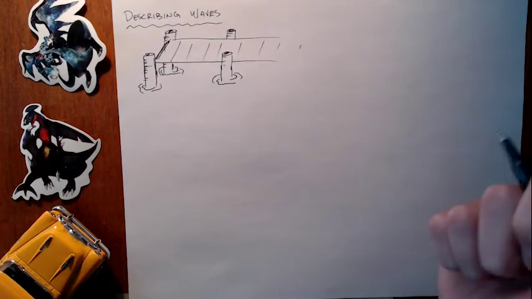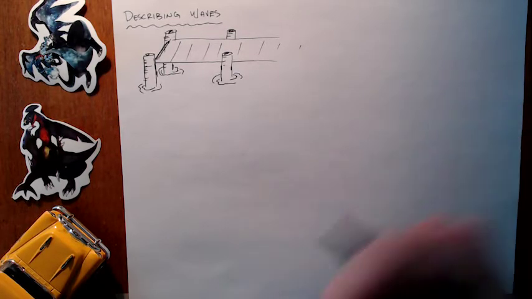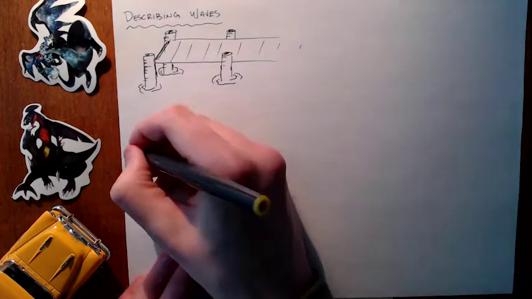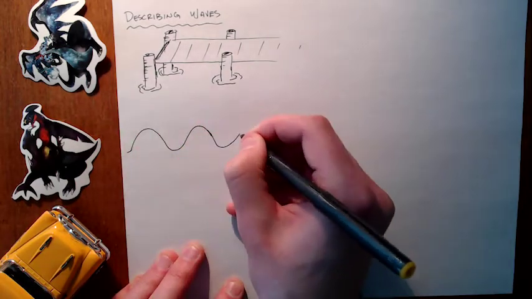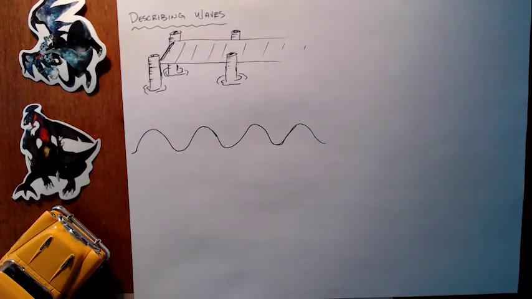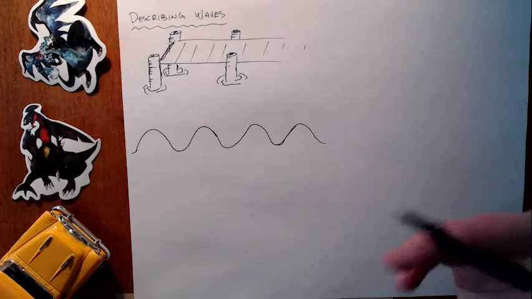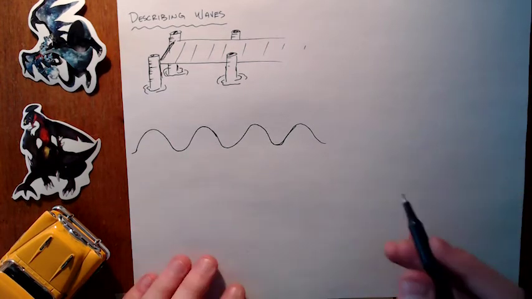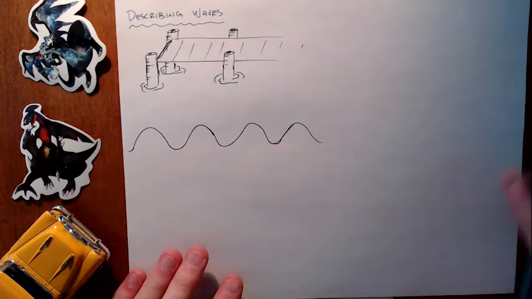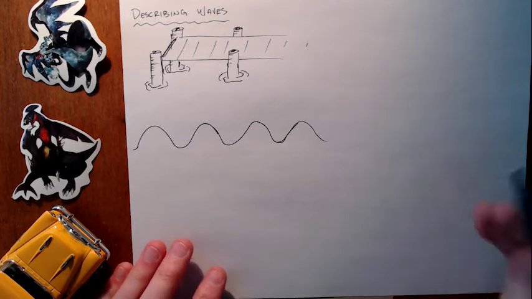Okay, so I'm going to go ahead and draw a cross-section of a water wave. I'm also, for reference, going to draw a dotted line through the exact center where the water would be resting, let's say if it wasn't windy out that day. So it's the equilibrium position, or where our water naturally wants to rest.